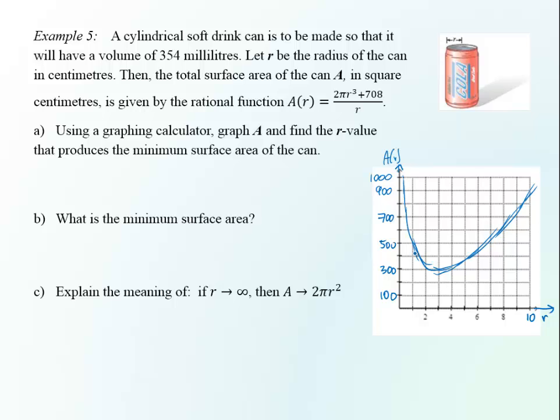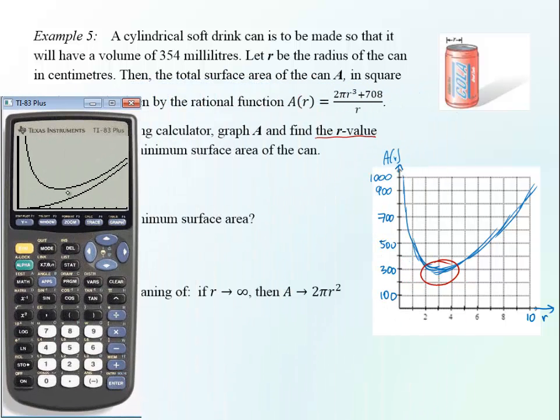We're supposed to find the minimum point: for what r, and what is the minimum value. Question A calls just for the r value, the radius of the can that will produce the minimum surface area. So we really need to find the x-coordinate of this lowest point on the diagram.